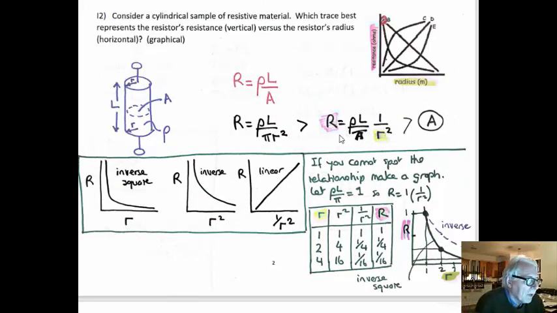In this next one, this type of problem causes issues because it's a bit of an abstraction. It says, consider a cylindrical sample of resistive material. Which trace best represents the resistor's resistance on a vertical axis versus the resistor's radius horizontally?